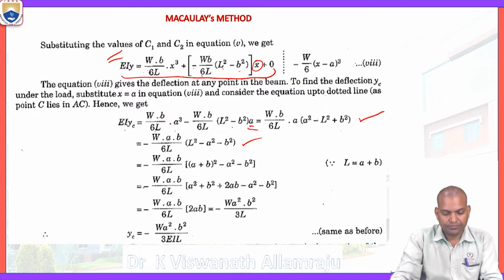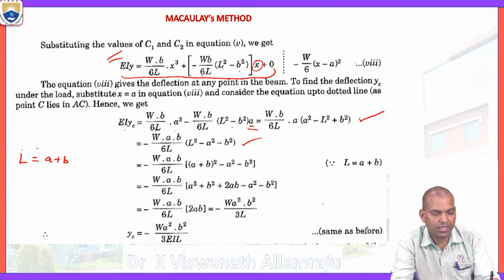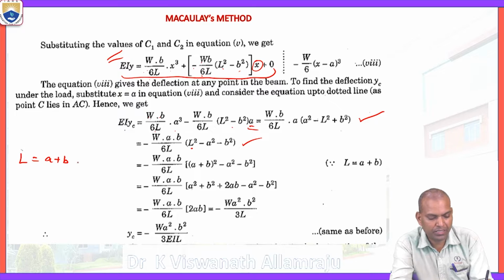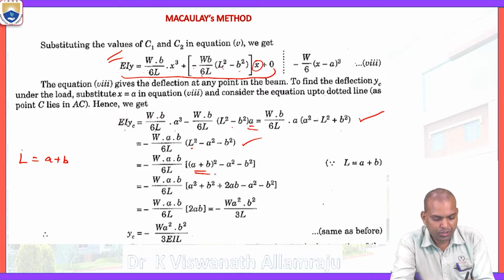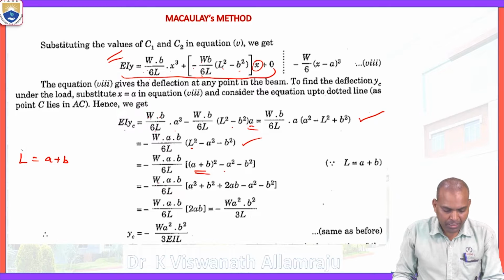Now further simplification. We know the total span L equals A plus B, the sum of the distances A and B. Substitute in the place of L, that is A plus B whole square minus A square minus B square. So minus negative of WAB by 6L, what is A plus B whole square?